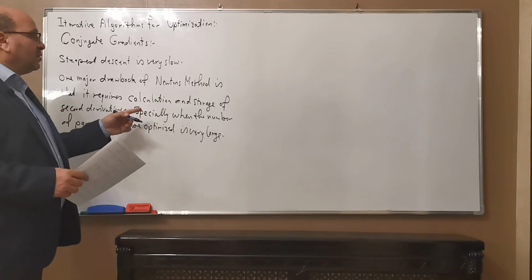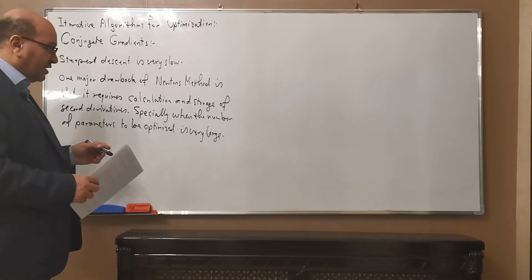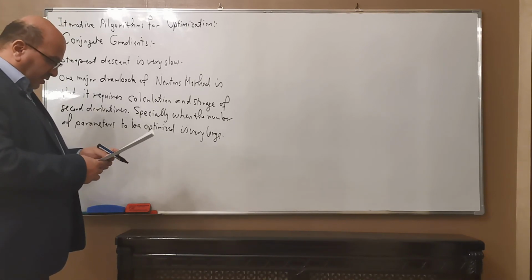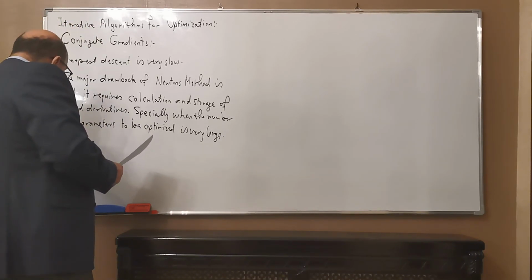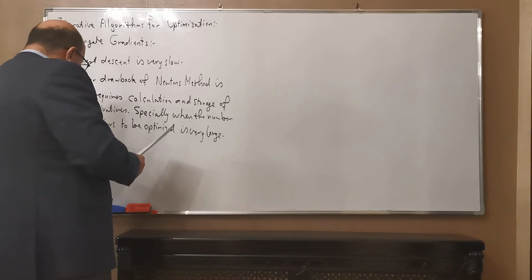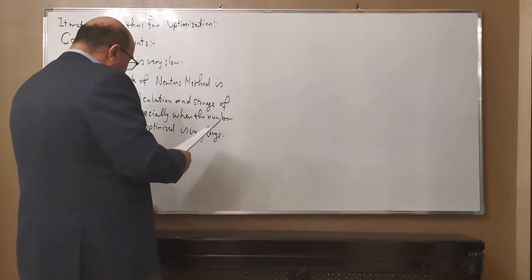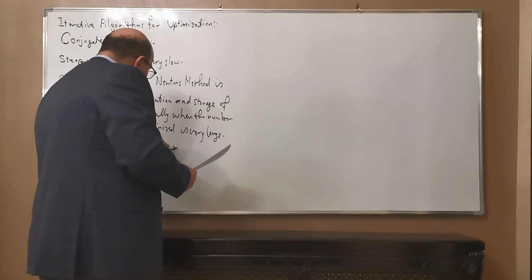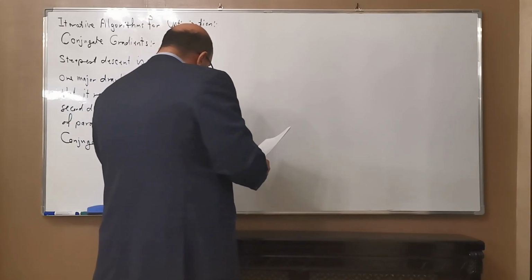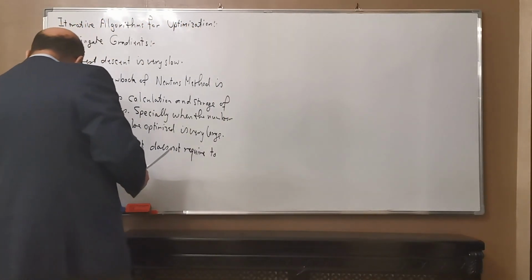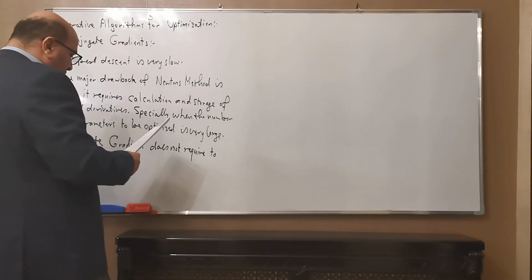You have to find the second derivative of all parameters that you have with respect to themselves and with respect to the other parameters. So conjugate gradient does not require to calculate the Hessian matrix.